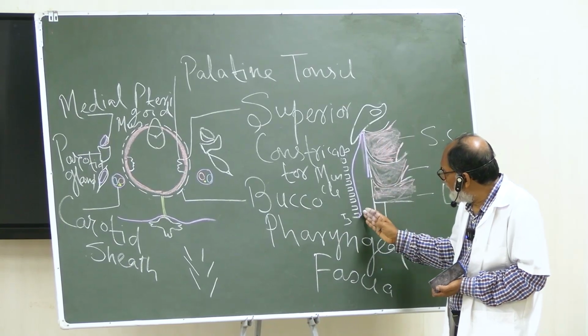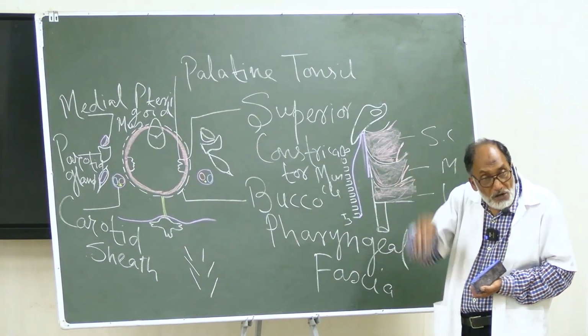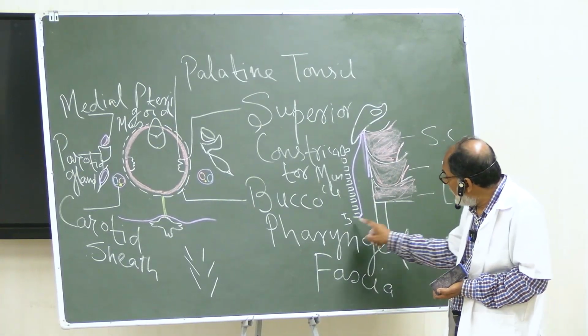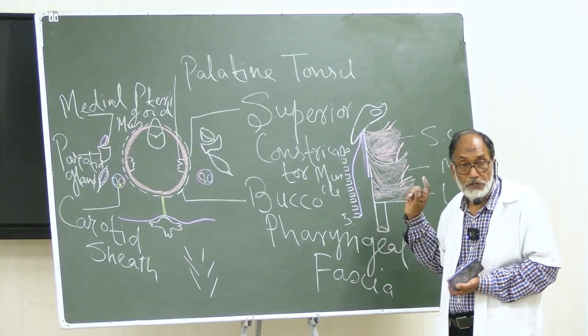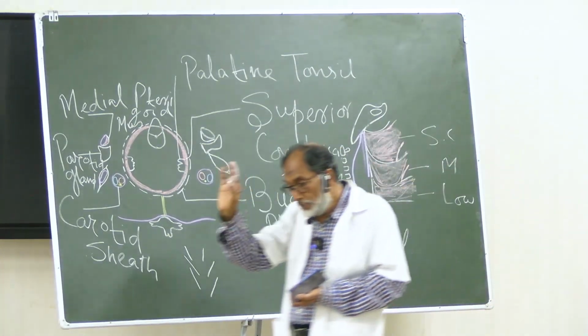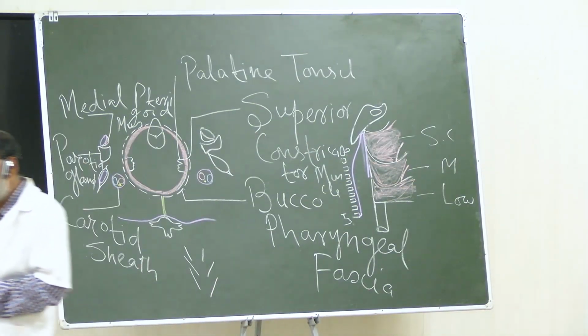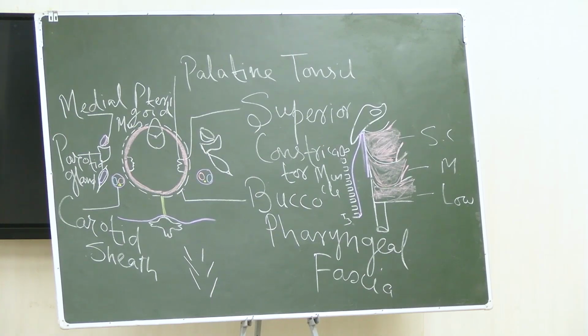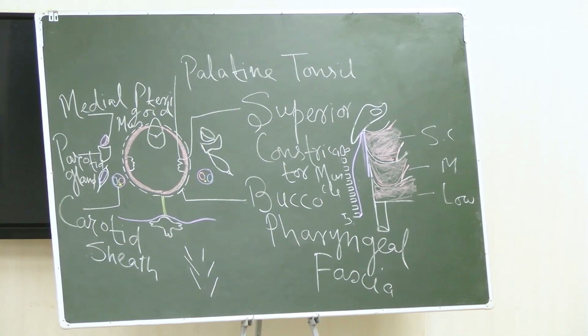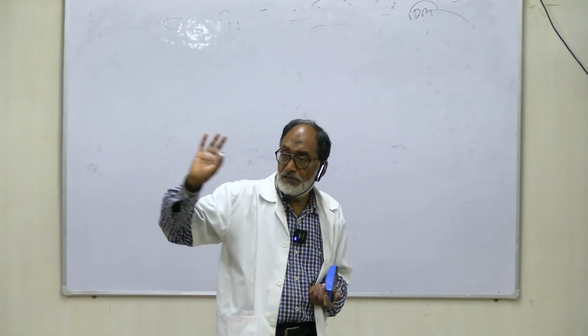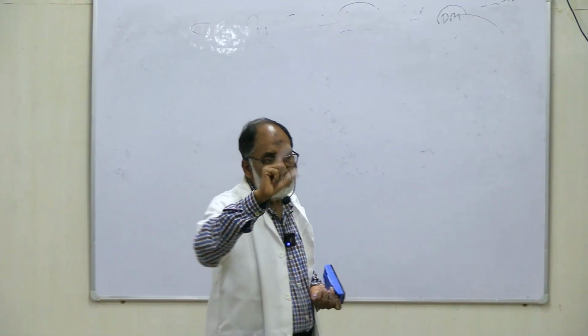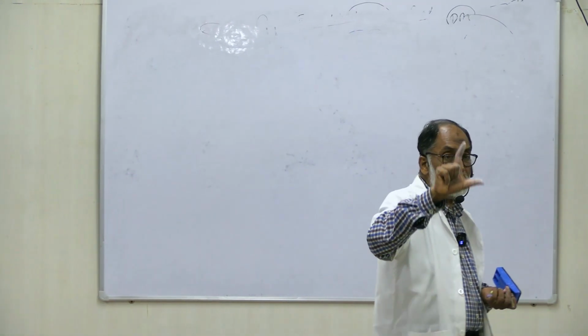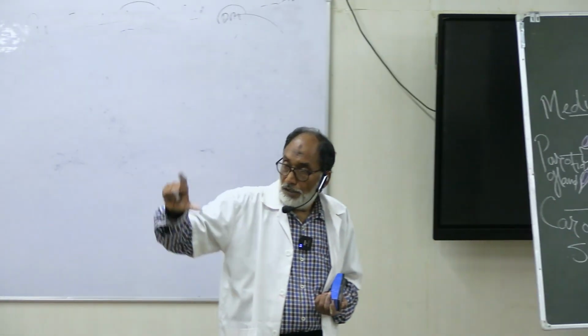This prevertebral fascia extends how much below? It extends up to T3, thoracic third vertebra. In some books it is written up to the thoracic fourth. But one level you should remember, that is thoracic third vertebra.